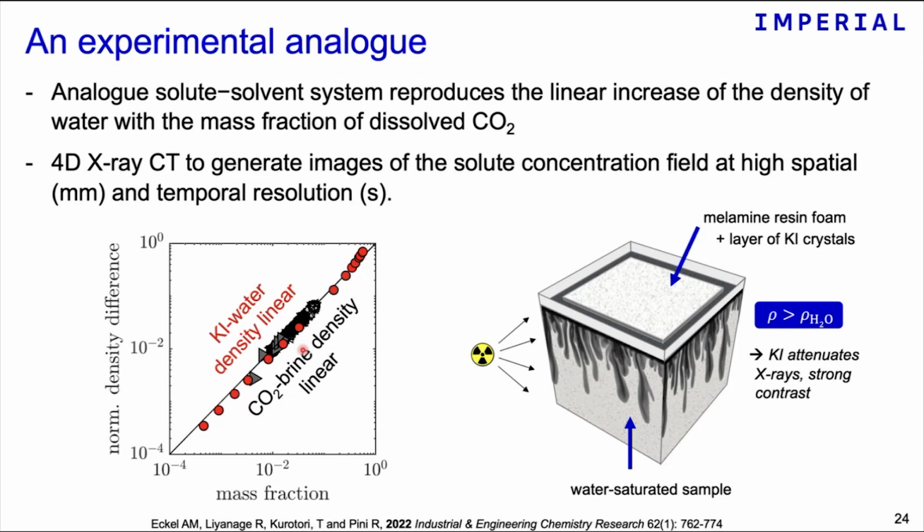For CO₂ brine, this relationship is fairly linear, and so we identified this salt-water pair that has a similar profile, right? And we then used our X-ray imaging techniques to monitor this convective process in the rock sample over time.